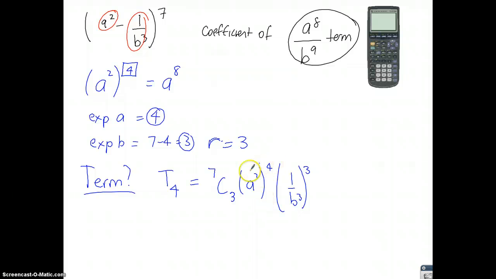This part is going to give us our a to the 8, and that's 1 over b to the 9. So there's our b to the 9. But we just want the coefficient. So the coefficient is this here. We didn't even really need this part. And when we put it in the calculator, we get 7 choose 3 is equal to 35. So the answer to our question, the coefficient of that, is 35.